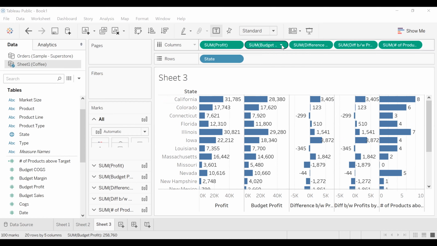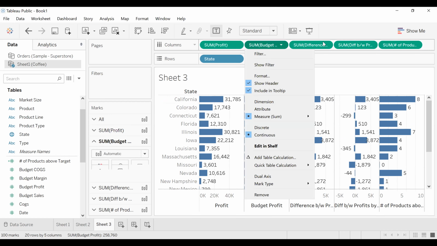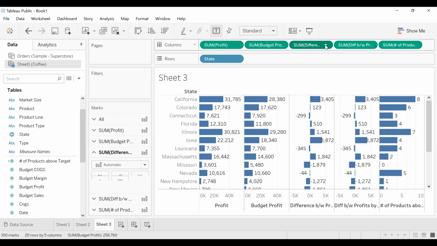So what I need to do is let me remove those unwanted ones. We can have this, but we can remove this one.